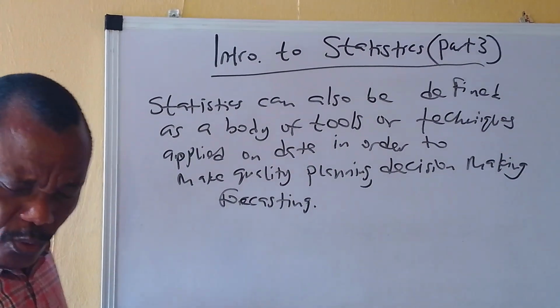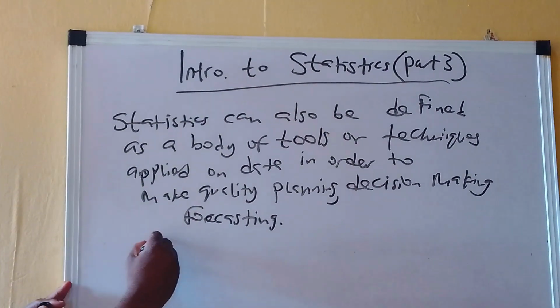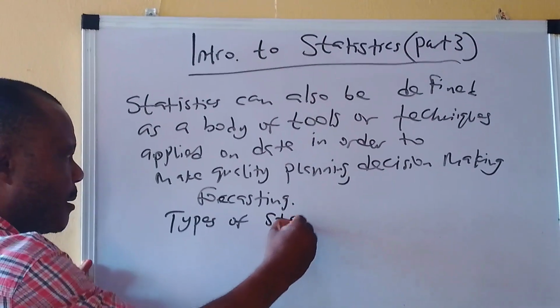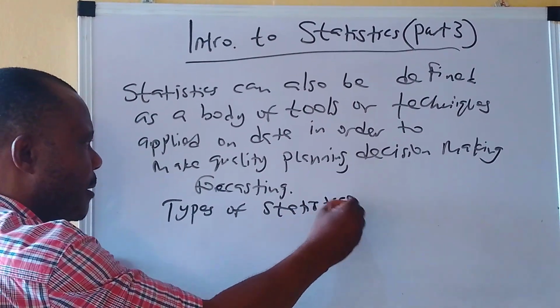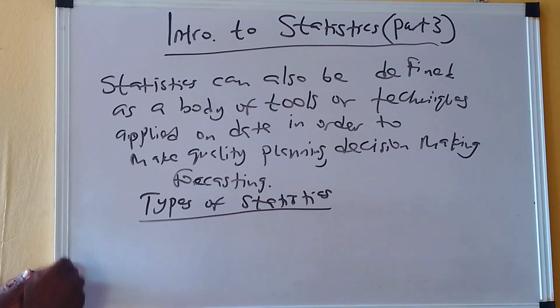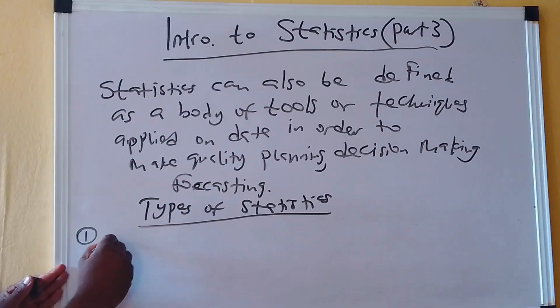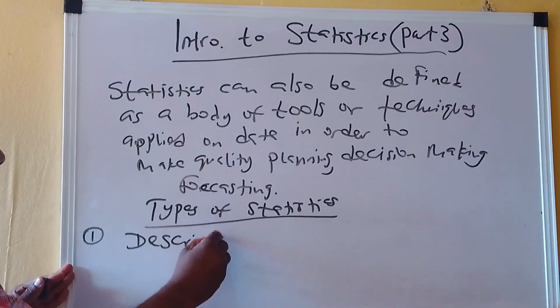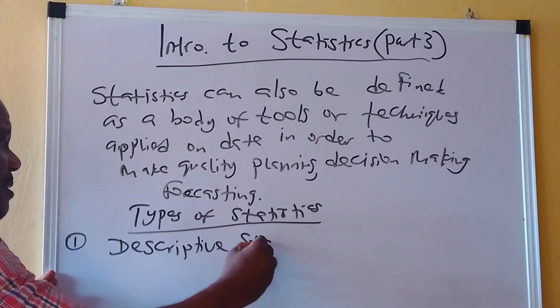Now we'll be looking at types of statistics. We have 2 major types of statistics. Number 1 is the descriptive statistics.